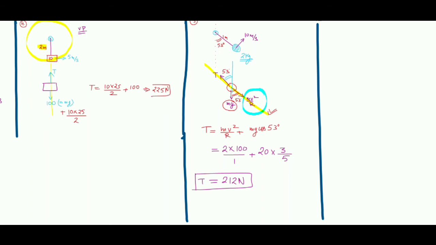Then I'll check. 5 4s are 20, 4 3s are 12, and this is 200. It's correct. If you feel the calculation somewhere is wrong, please don't forget to comment. The concept is 110% correct. Calculation may be wrong here or there, so please be careful.